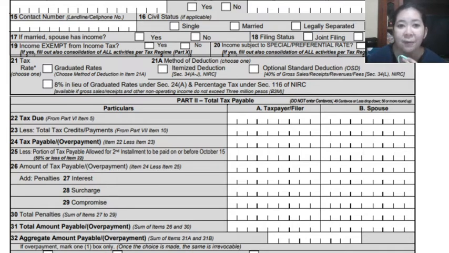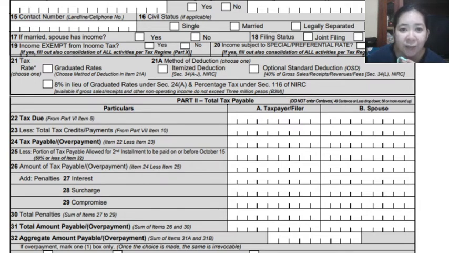After deducting those tax credits, we will have the tax payable. It may be an overpayment or a tax payable due to the BIR, depending on the result. If the tax due is higher than the tax credit, then there is tax payable to the BIR. On the other hand, if the total tax credit is greater than the tax due, then there is overpayment.